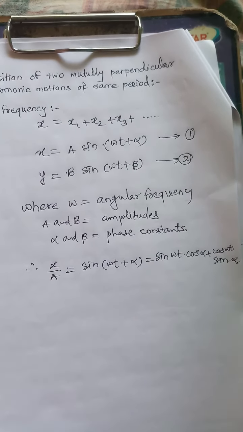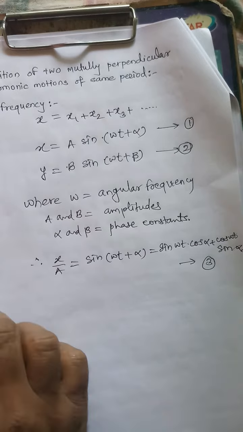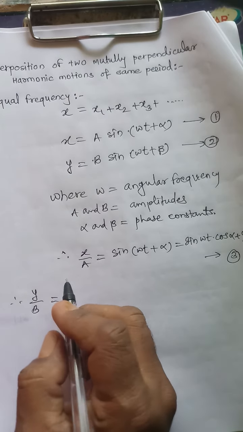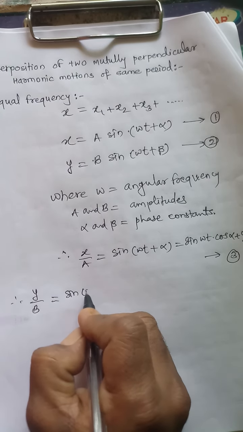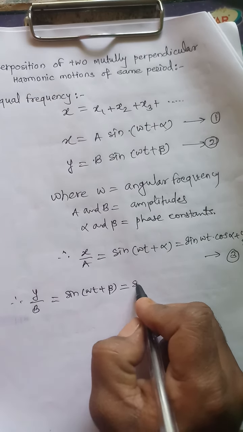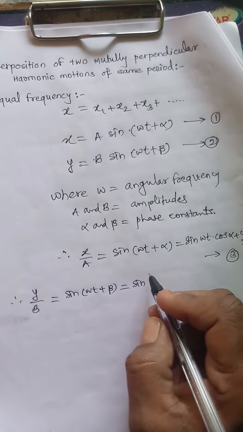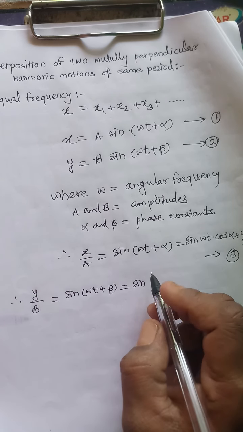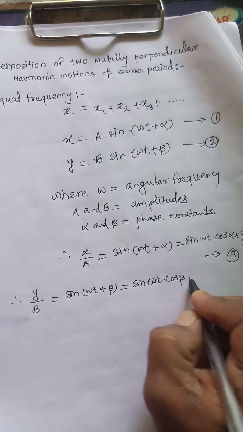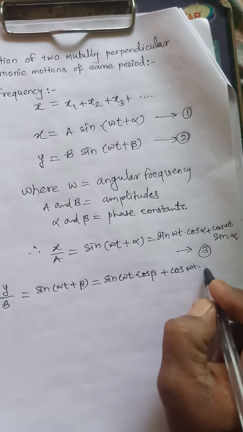Similarly, we can determine y upon b is equal to sine of omega t plus beta. According to the trigonometric formula, sin of a plus b is equal to sin a into cos b plus cos a into sin b. Similarly, sin of omega t cos of beta plus cos of omega t into sin of beta.